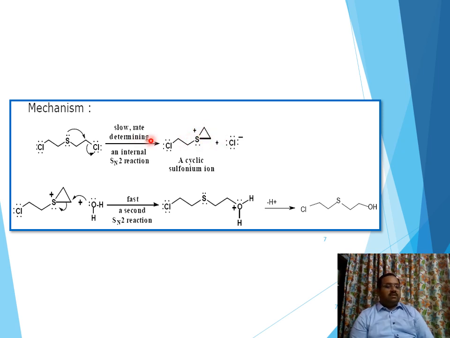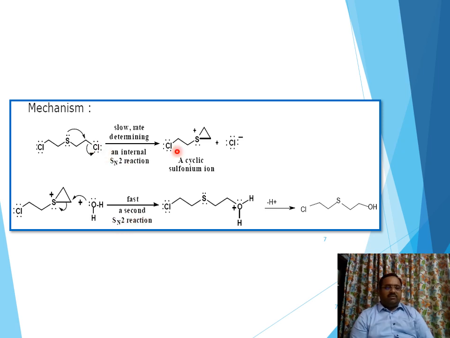So in the first step we get the three-membered cyclic sulfonium ion, which is attacked by the water molecule or another base present in the reaction mixture. Now this step is fast, and this is the second SN2 reaction. Why second?